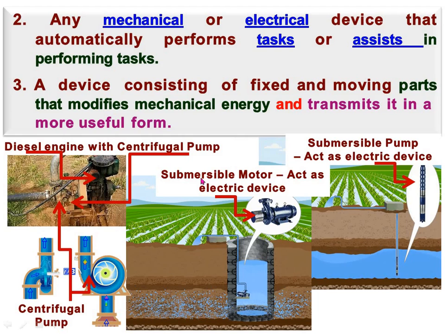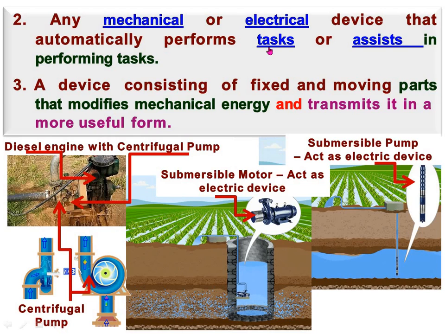See here, this is electric motor. This motor is run through electricity, and this is, we can say, submersible motor or submersible pump. These both are run with the electricity, and this submersible electric motor acts as an electrical device and lifts the water from the well.